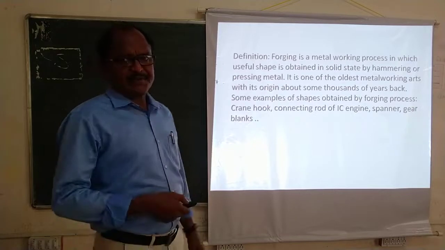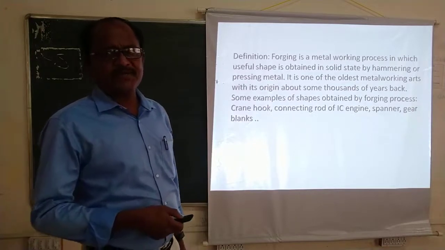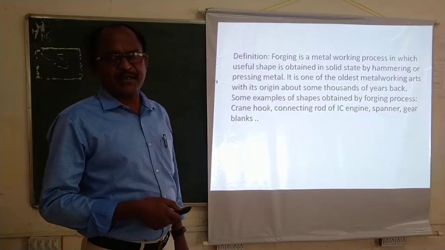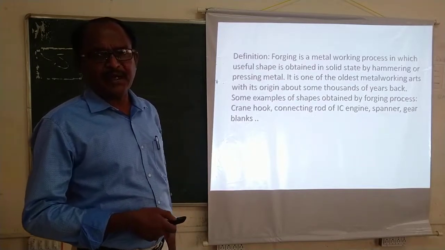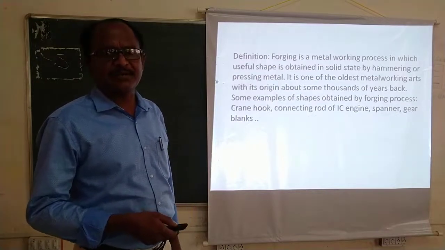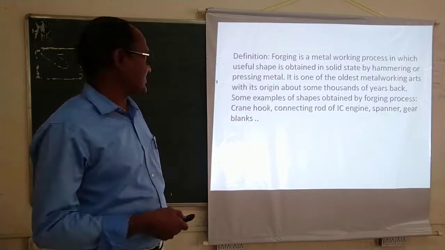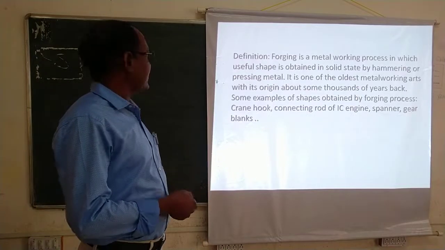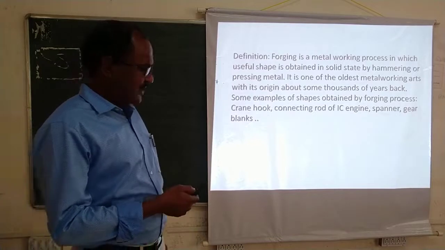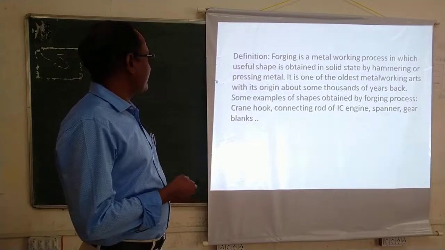What is the basic definition of forging? It is a basic metal working process in which compressive force is applied by means of a hammer, and you get the desired shape and size of the workpiece or product. This is the oldest metal working process. What types of parts are manufactured by forging?